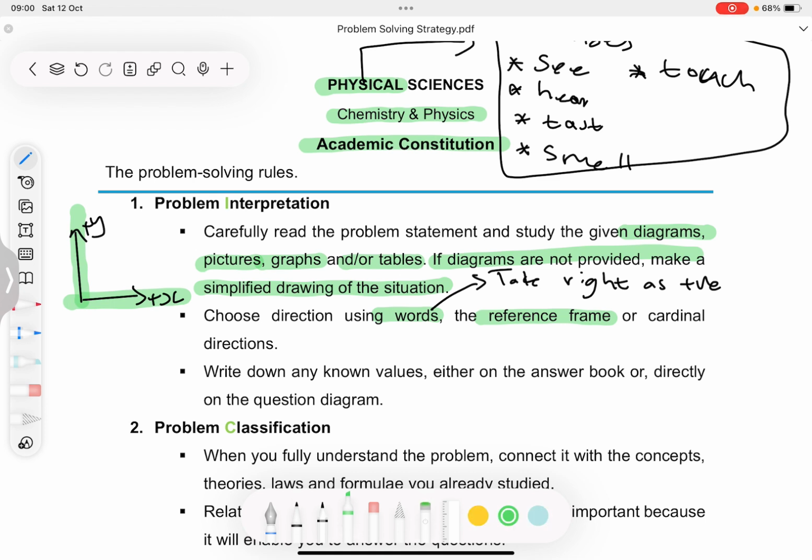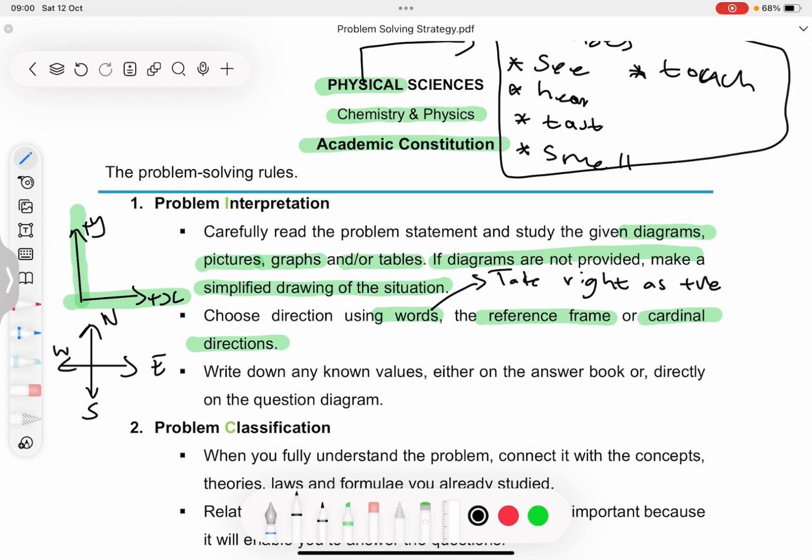The other way in which you can choose direction is by the use of the cardinal directions, where you choose direction based on the cardinal points. The cardinal points are north, east, south, and west.